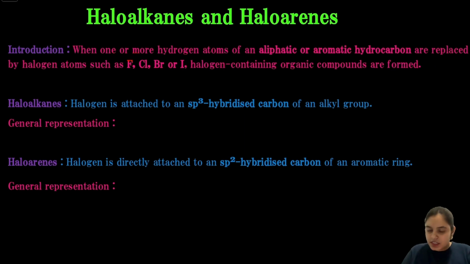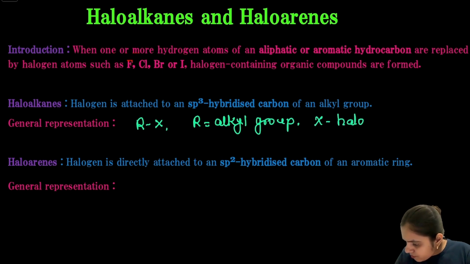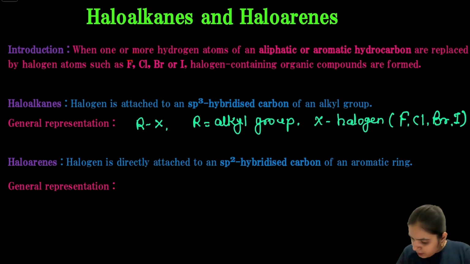So the general representation of haloalkanes is RX, where R is any alkyl group and X means halogens. Okay, like fluorine, chlorine, bromine and the iodine. Okay, for example, methane, that is CH4.